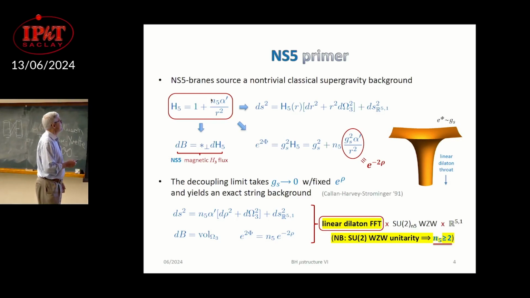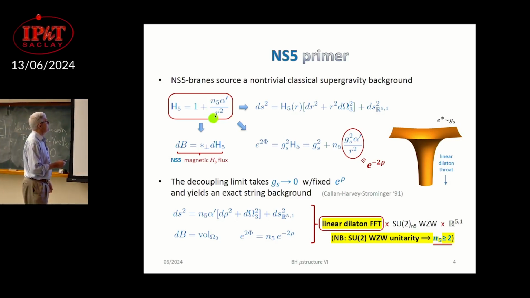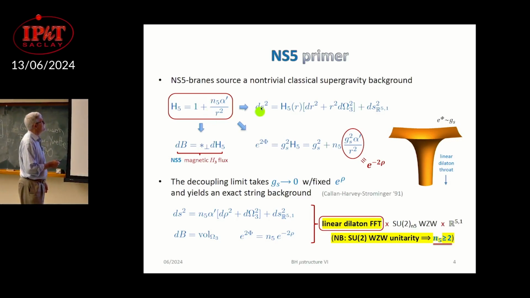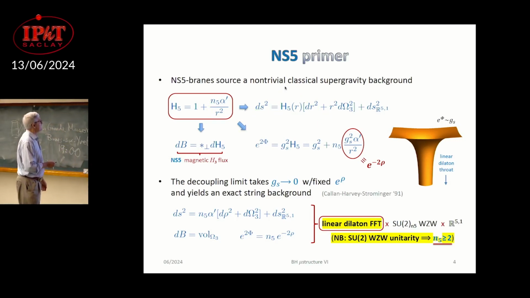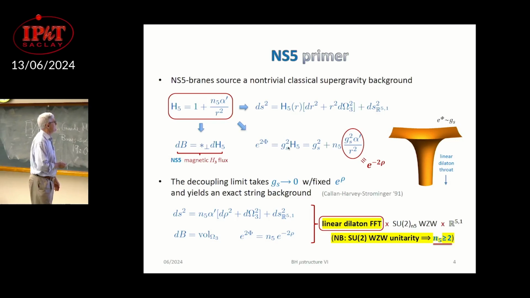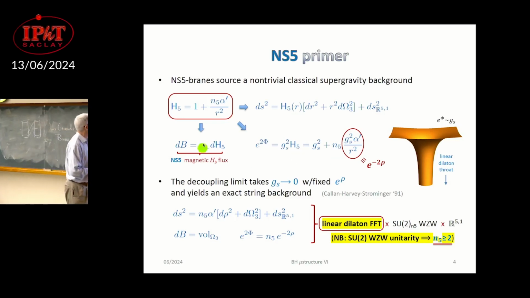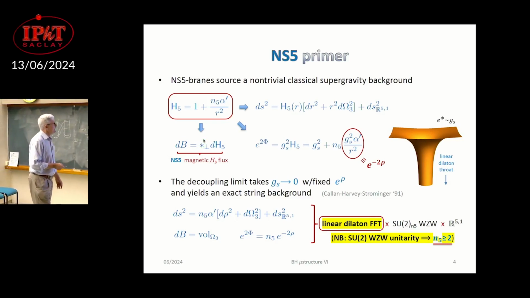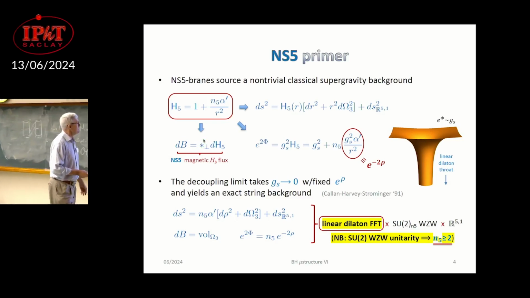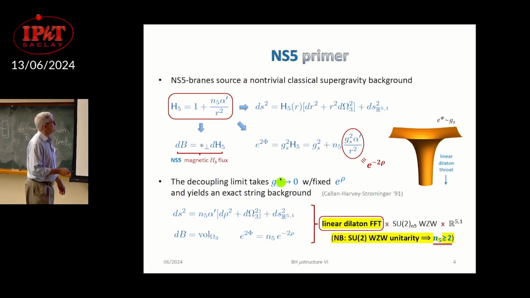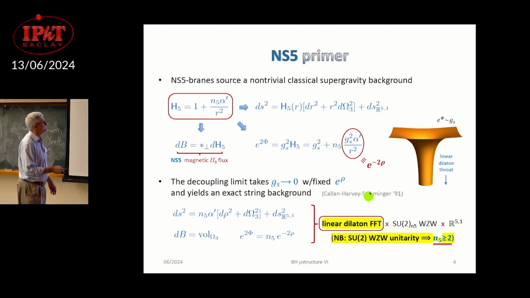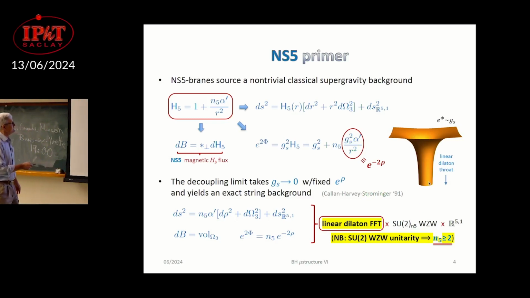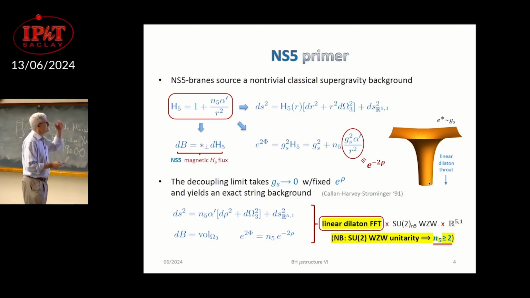And from it, everything else is a consequence, namely the warp factor in the transverse geometry to the 5-brane, the dilaton, and the magnetic flux that's sourced by the 5-brane. This geometry is basically asymptotically flat and then dives into a linear dilaton throat at the scale that's set by the 5-brane charge.